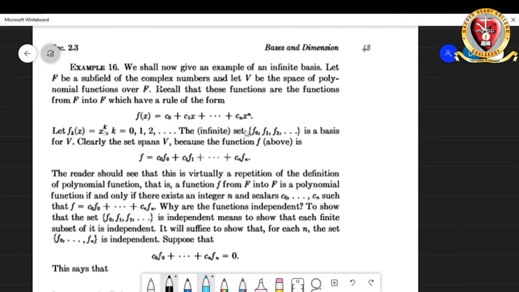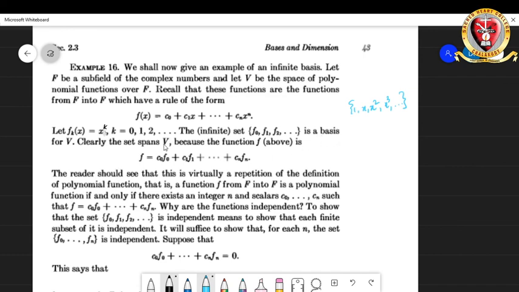Instead of the set 1, x, x square, x cube, etc, here we have fk of x equal to x raised to k, where k is 0, 1, 2, etc.